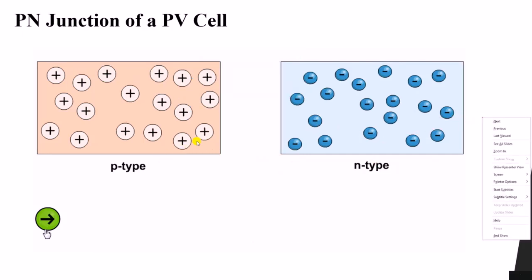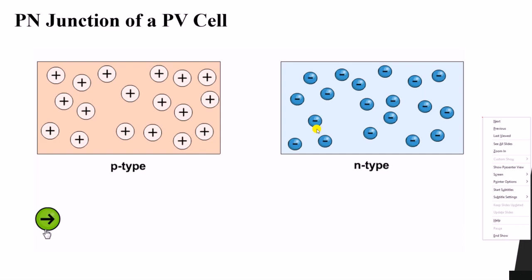First we have the p-type material and the n-type material. The p-type material, as we said before, has a large number of holes, and the n-type has an excess number of electrons.